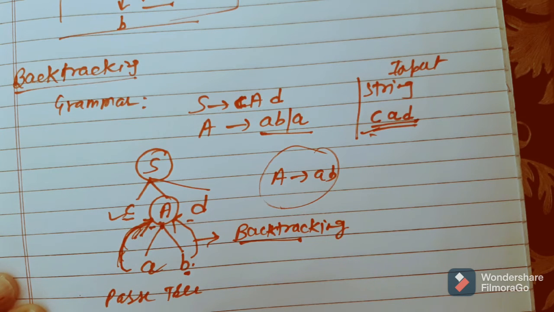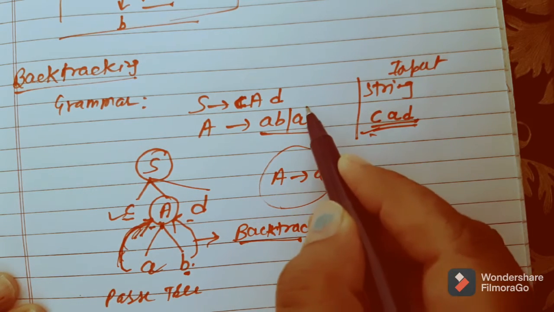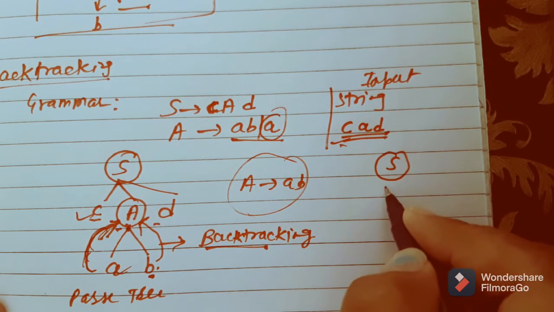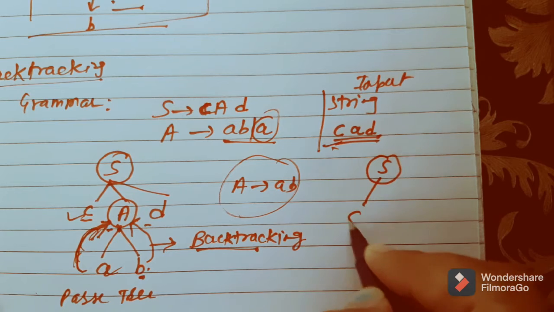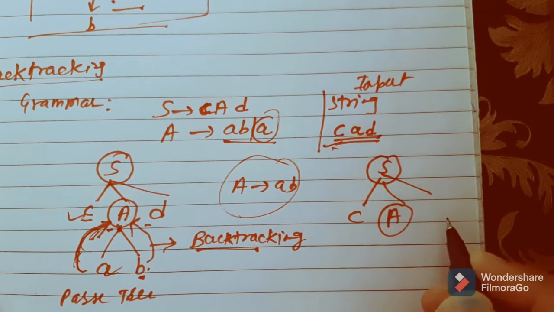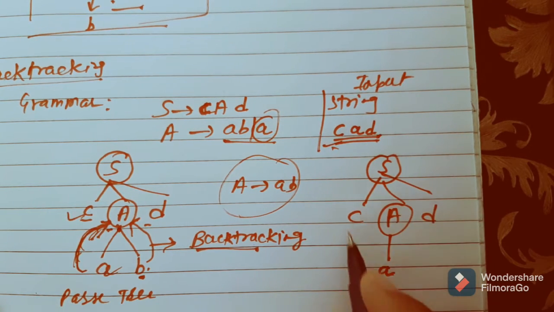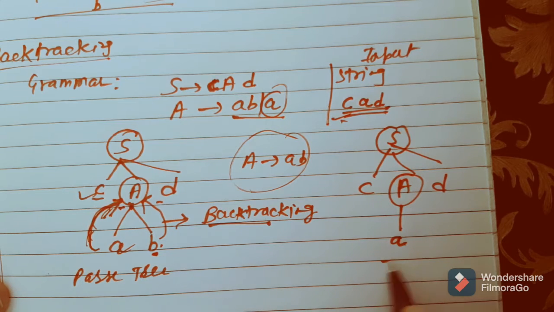Now backtracking will be done, and after doing backtracking, the parser will go for the second alternative. The second alternative, we know very well, is A, so after C comes A, then D, and now this will be replaced by the second alternative, that is A, and now everything is perfect, everything matches according to the input string.